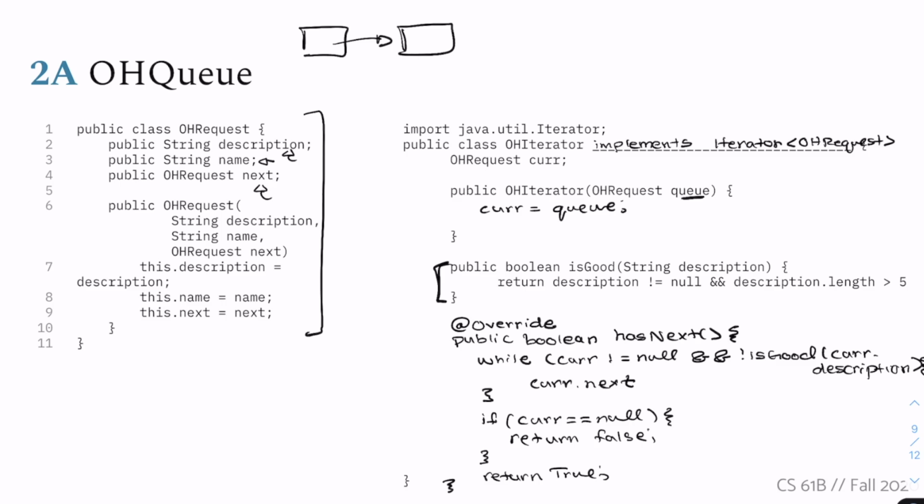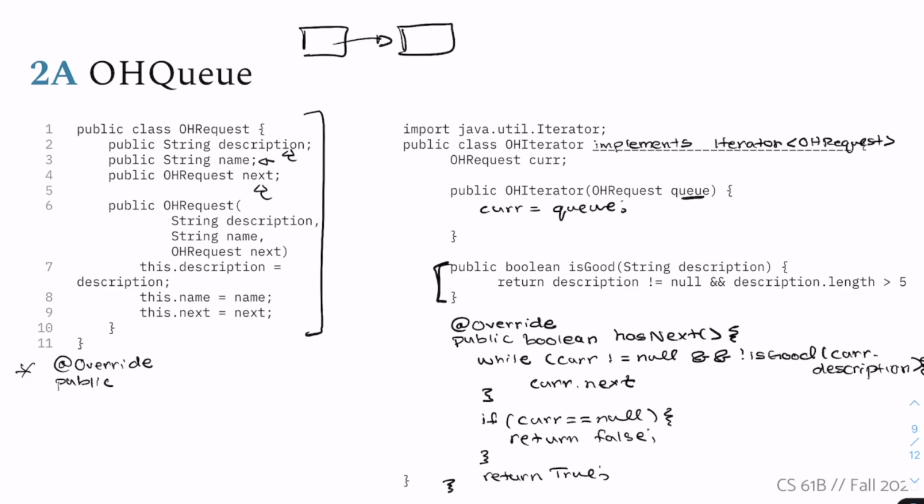Now this is just our hasNext function. We also have to implement our next function. And so I'm going to do that over here on this side because I'm running out of room. It's still part of this OH iterator class. So again, can't forget @Override. And then we have public.